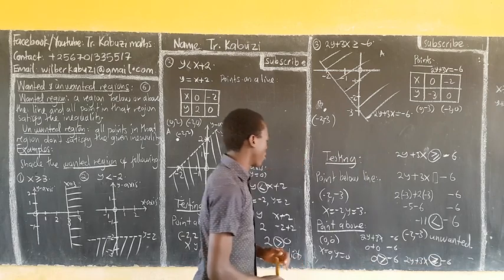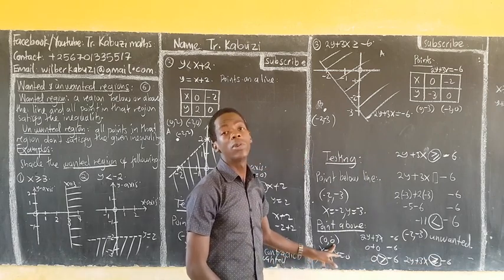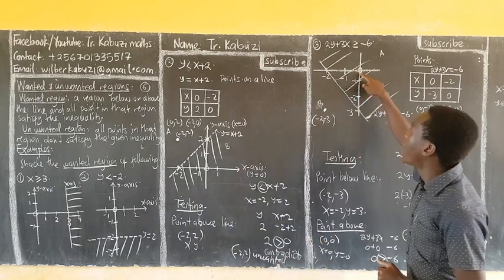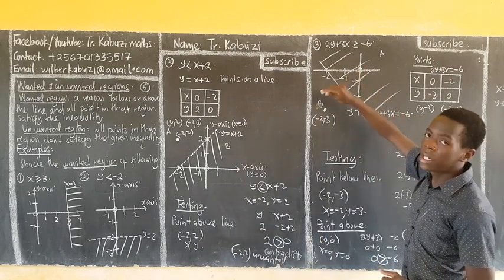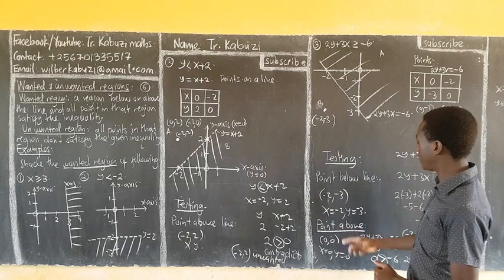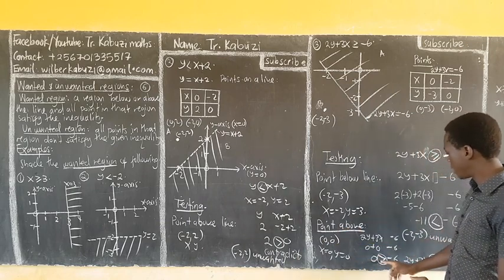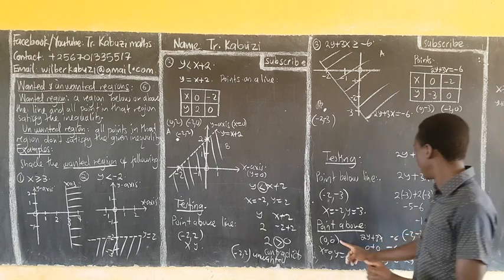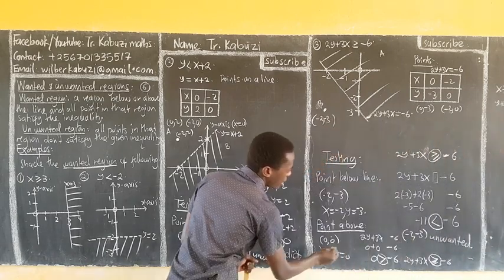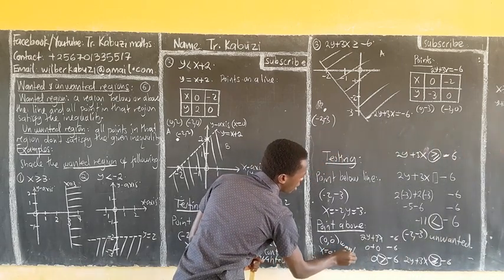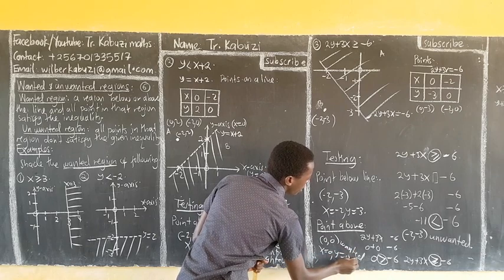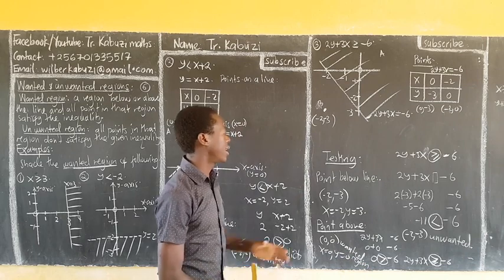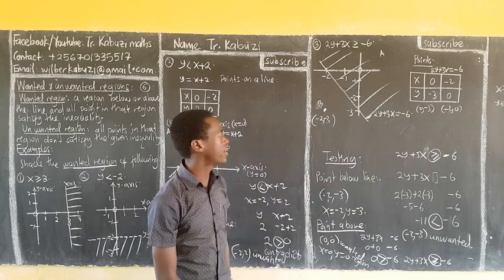So where we got this point, 0, 0, was the wanted region, and it satisfies this inequality. So that's how you can handle that too.